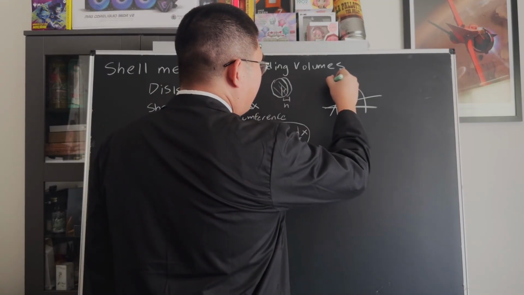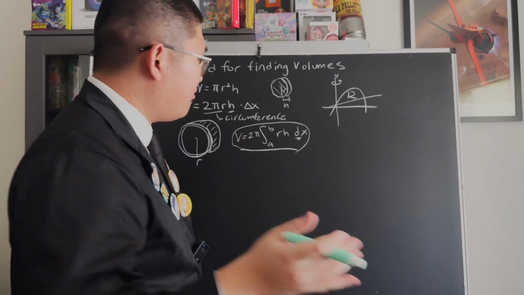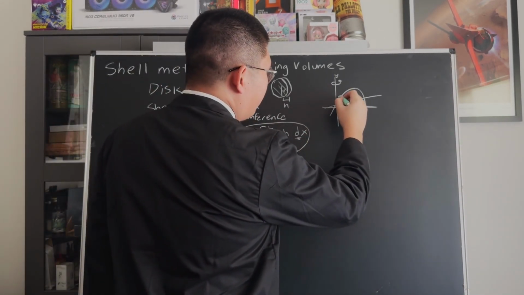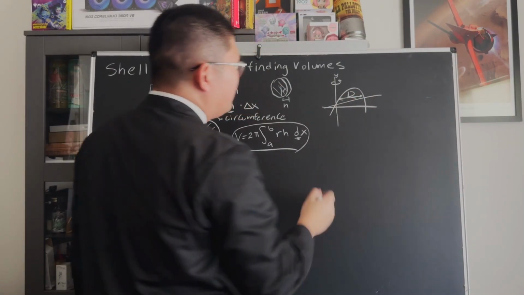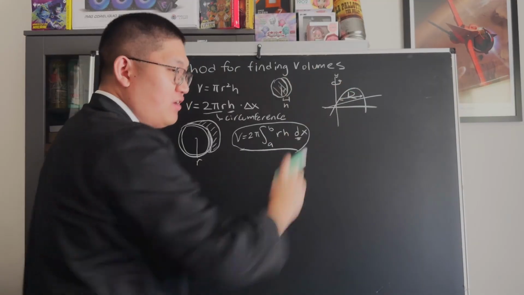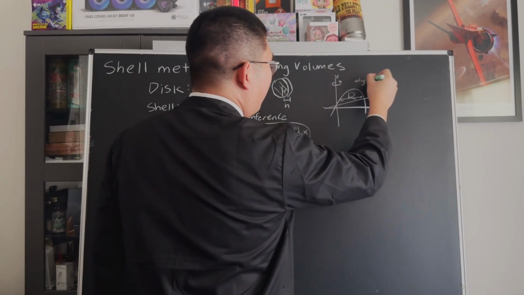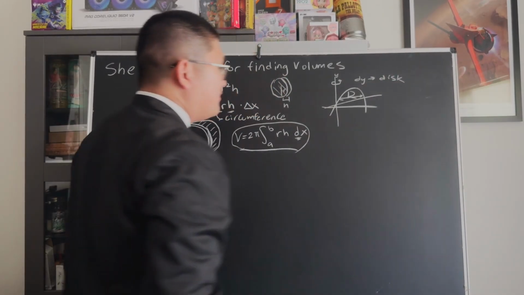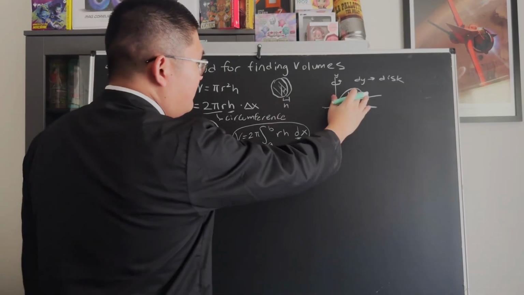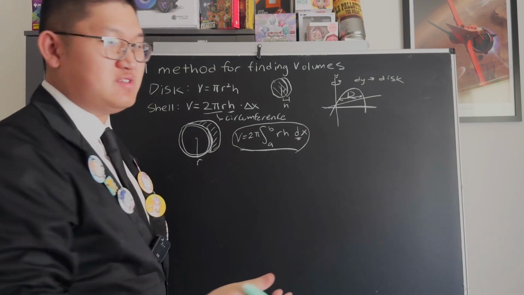But if we think about it this way, if it's rotated about the y-axis, if we were doing this with a disk method, you would actually need to find those areas, again, that radius that we're looking for, but that will actually be done horizontally, and then we have to go across the y-axis, meaning that we need everything in terms of dy for a disk, right? Again, that's the idea. Even though you're rotating horizontally, because we're going by disk method, the radius is going to be extended horizontally, meaning we need everything in terms of dy.